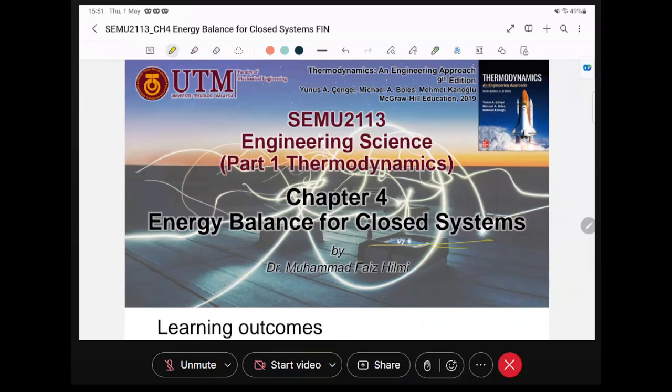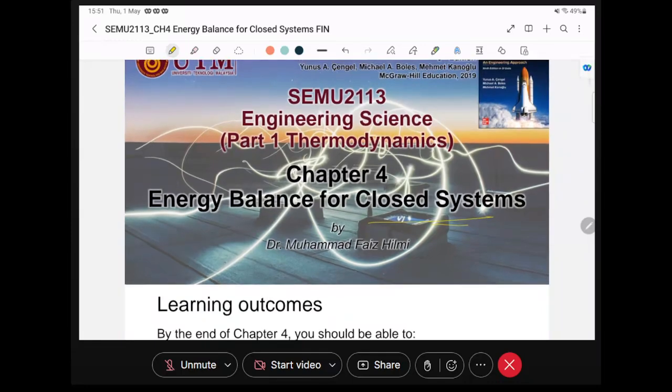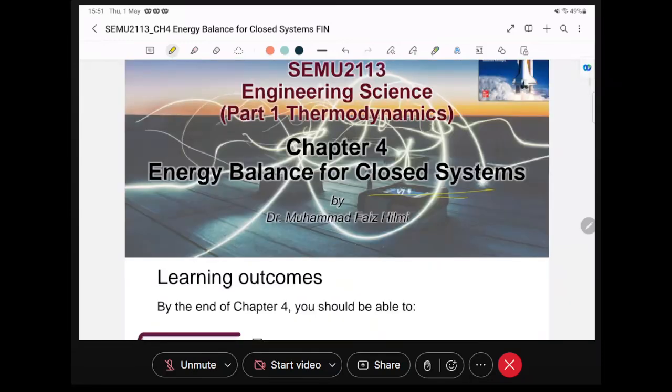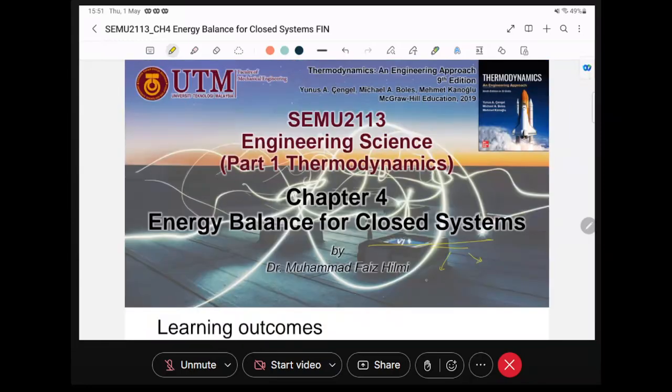Right then. So this chapter will apply the energy balance that we already looked at in chapter 3 in a closed system. More specifically, we'll be looking at two types of system that run on pure substance and ideal gas, since we learned both before this.